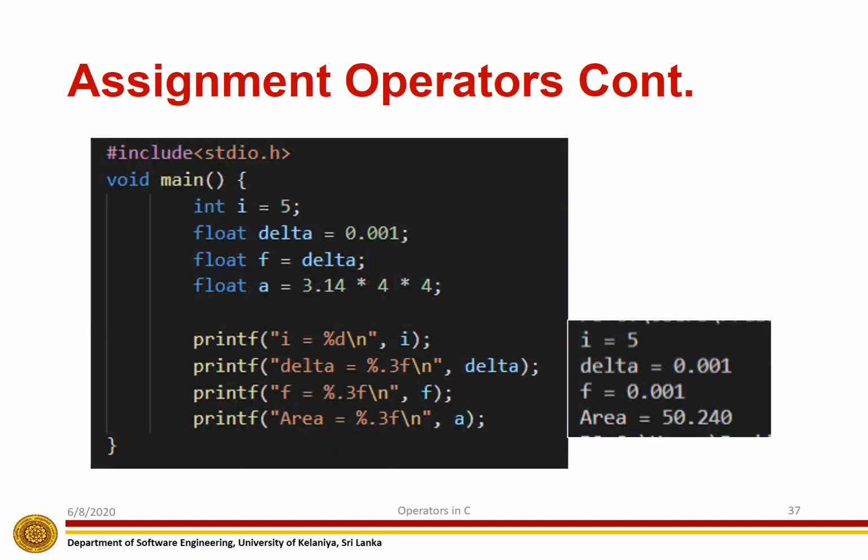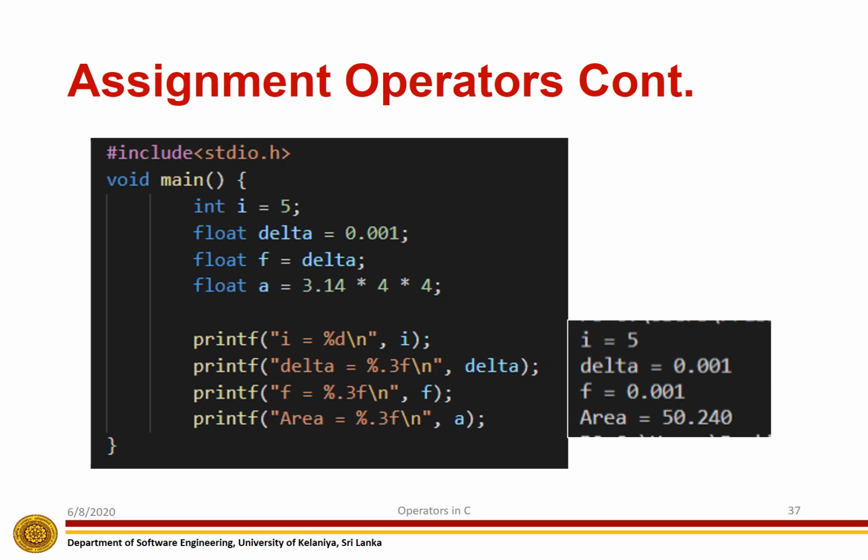In the slide, you can see an example program for assignment operators. First, I have declared and initialized the variables: int i equal 5, float delta equal 0.001, float f equal delta, float a equal 3.14 multiplied by 4 multiplied by 4.